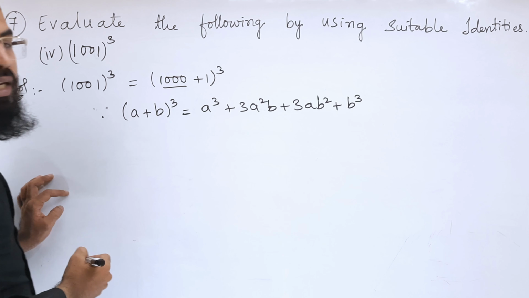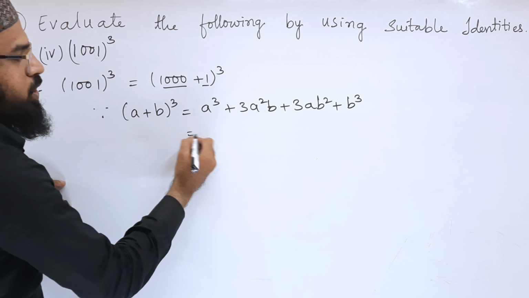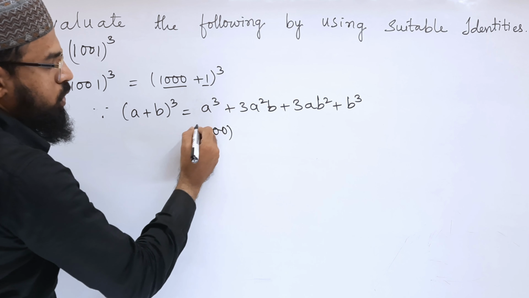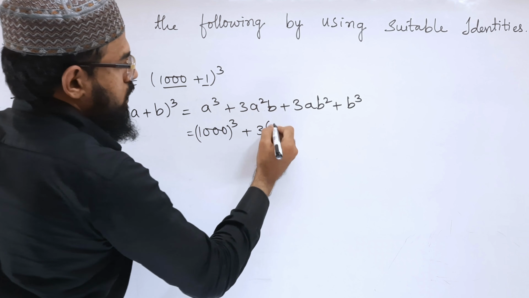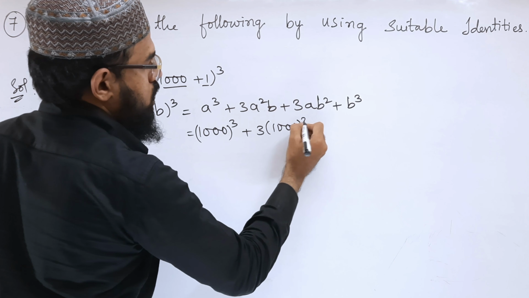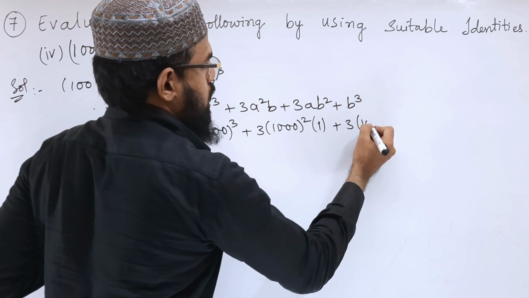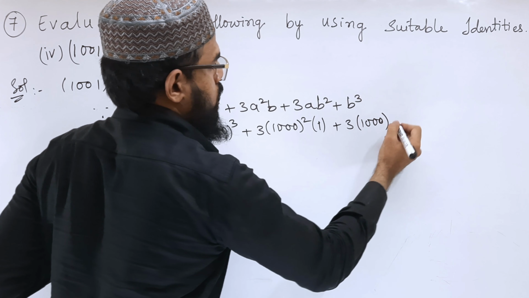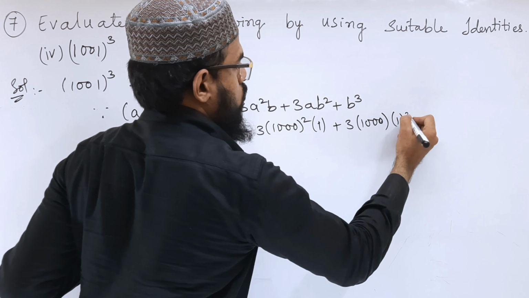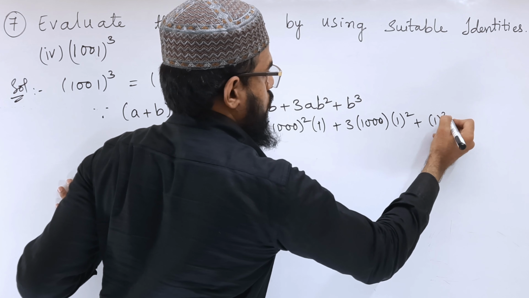So a is 1000 and b is 1. Let us substitute: 1000 cube plus 3 into 1000 square, b is 1, plus 3 times 1000, b is 1 square, plus 1 cube.